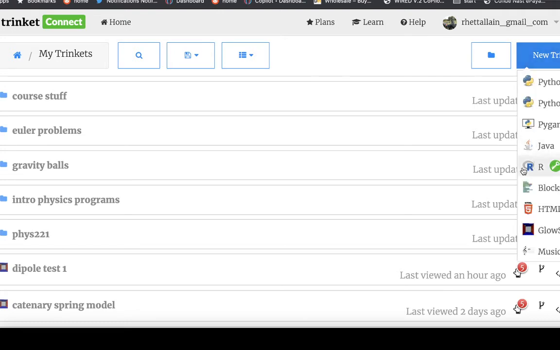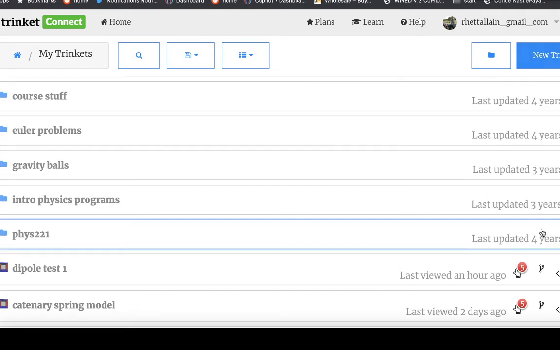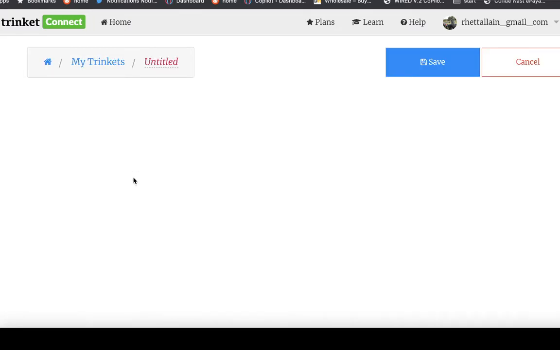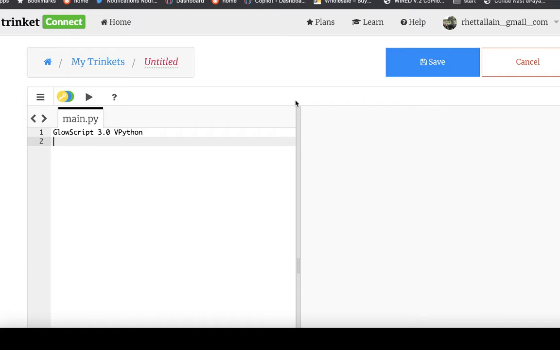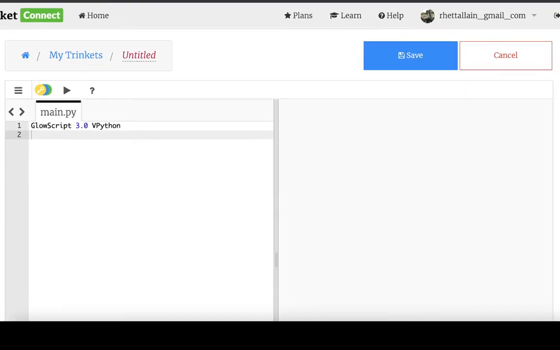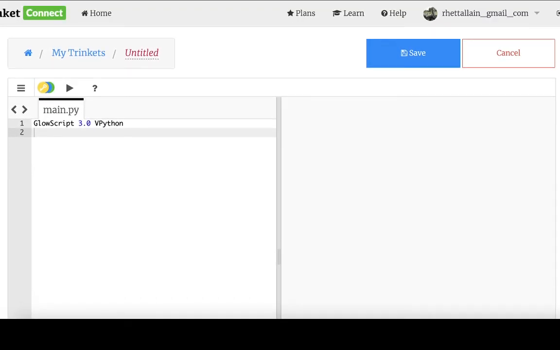Okay, new trinket, glow script. I think it might be working. Python. Okay, I think this is good enough. Let's see if I move it over here. And there we go. Okay, that's going to be good. Let me move my board. Okay, now I'm switched over, and I apologize for the transition, but this way I don't have to edit.